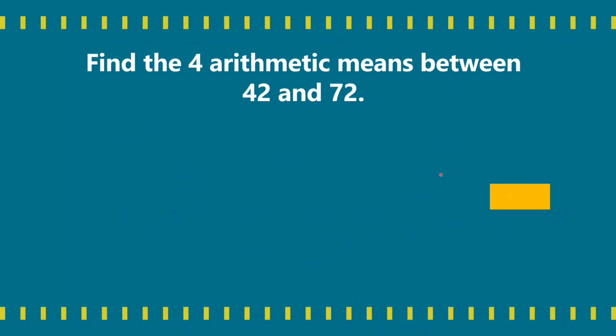Now we need to find the four arithmetic means between 42 and 72. First, again, we need to find the common difference. So in substitution, our a sub n is 72, our a sub 1 is 42, and our n is 6.